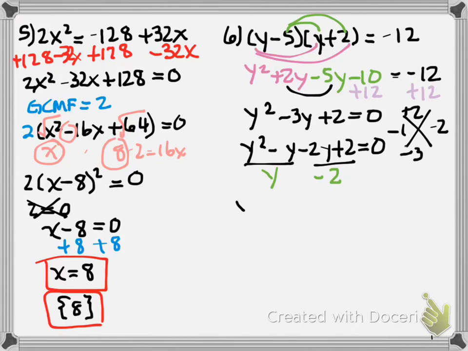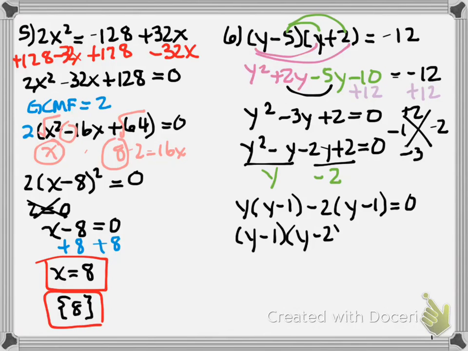So we've got y times the quantity y minus 1 minus 2 times, negative 2y divided by negative 2 is a positive y. 2 divided by negative 2 is a negative 1. We end up getting what we want for common binomial, and we form the second binomial. Do you guys notice? Remember what we talked about yesterday? What do you guys see?